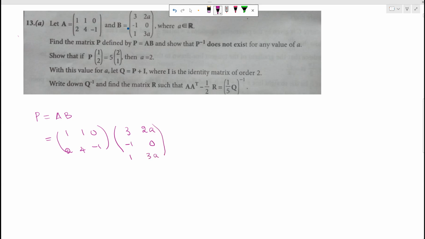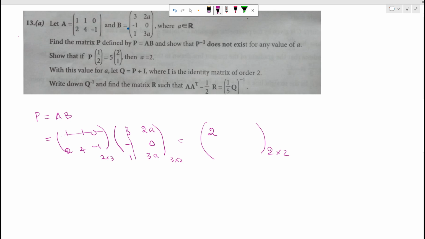Now this is 2 by 3, this is 3 by 2, so the resultant matrix will be 2 by 2.